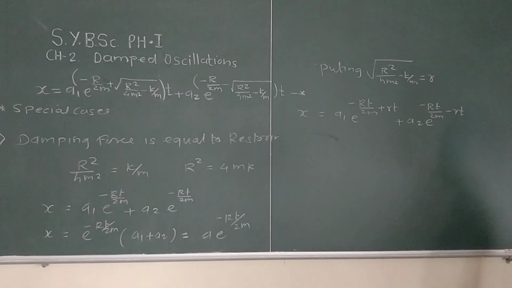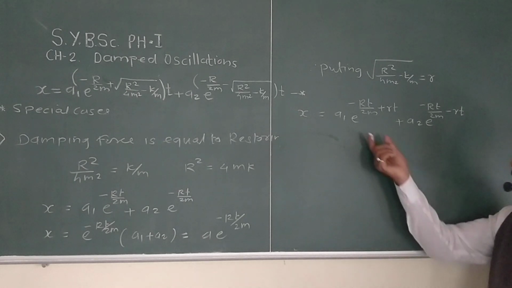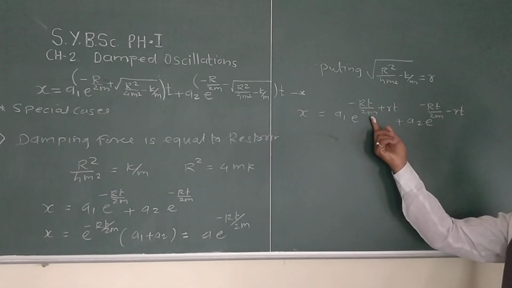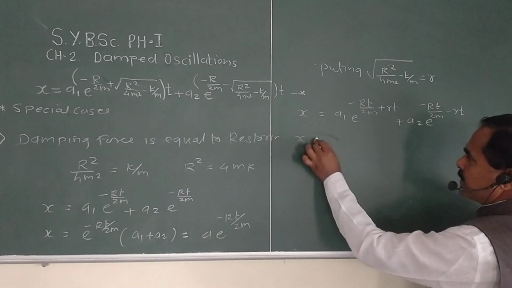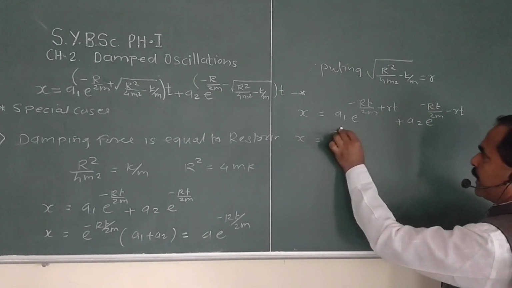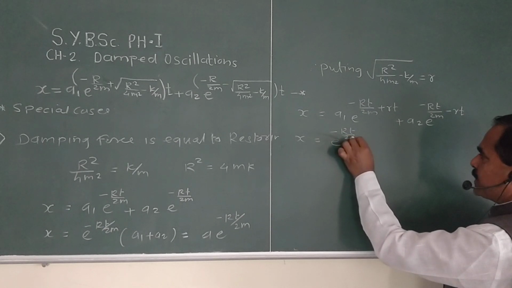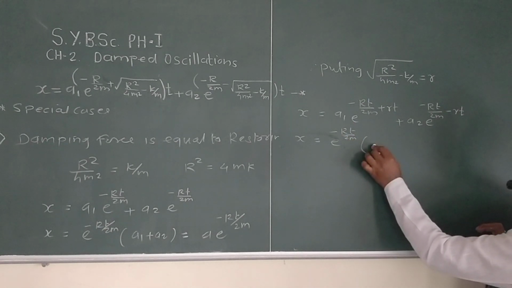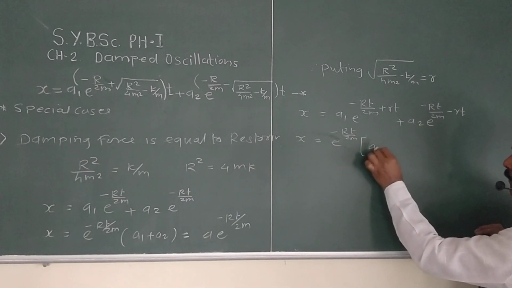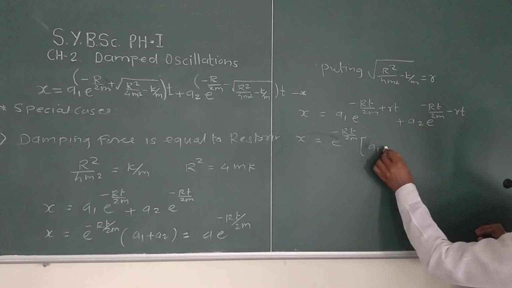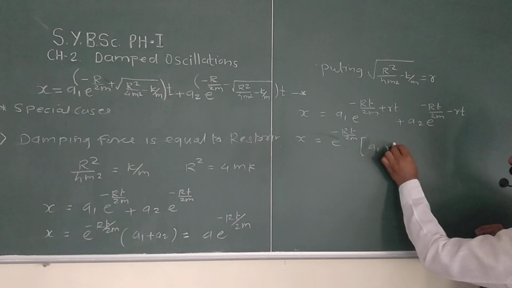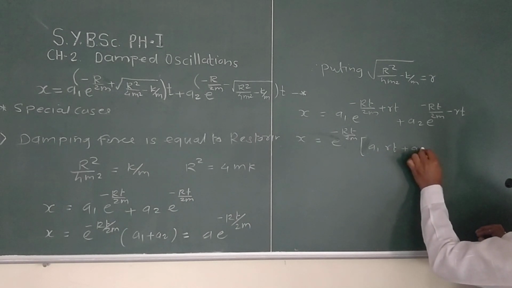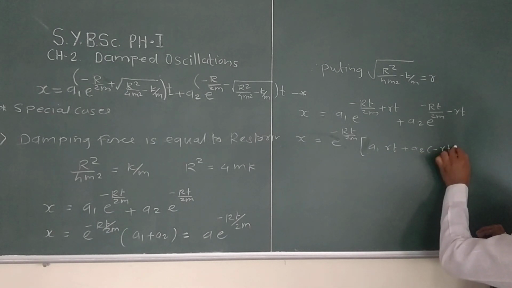Then in next step, by taking e raised to minus rt upon twice m common, therefore x equal to e raised to minus rt upon twice m, take common. Then we have to write a1 rt plus a2 minus rt, like this.